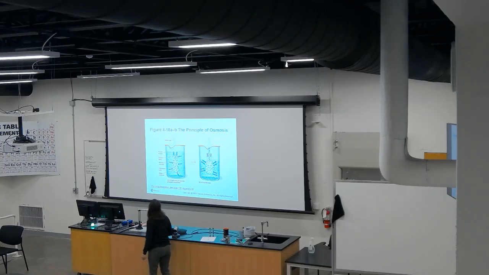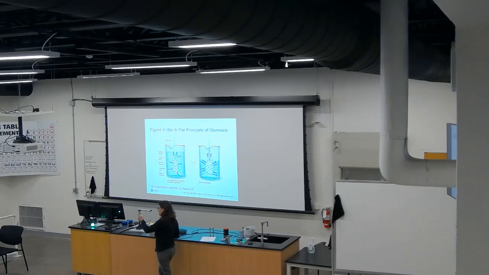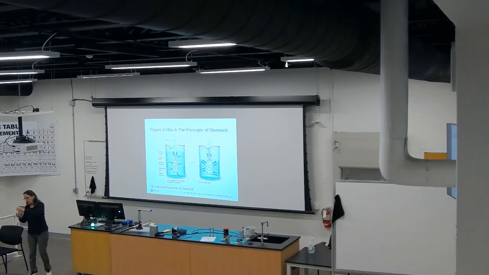So here we have the example of osmotic pressure. You have a beaker with water up to this level, almost full, and then you introduce a capillary vessel, a glass capillary, with your cellophane bag wrapped around it.